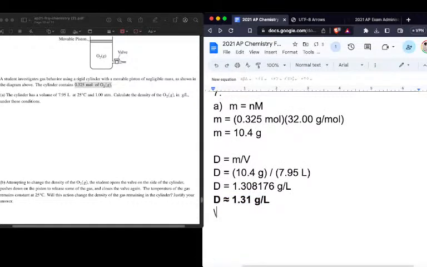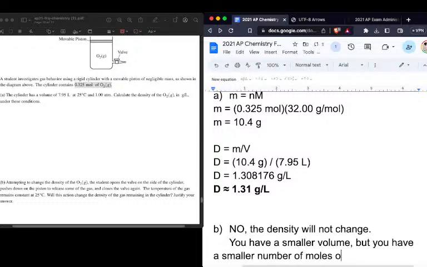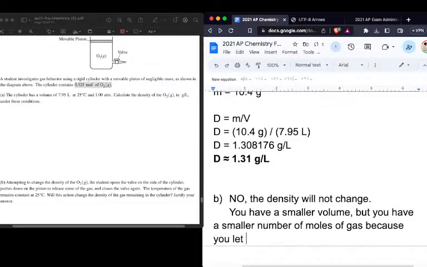No. No. The density will not change. You have a smaller volume, but you have a smaller number of moles of gas because you let some escape through the valve.